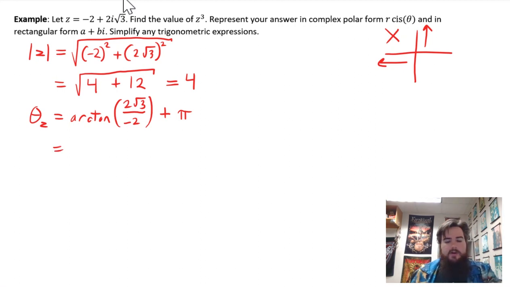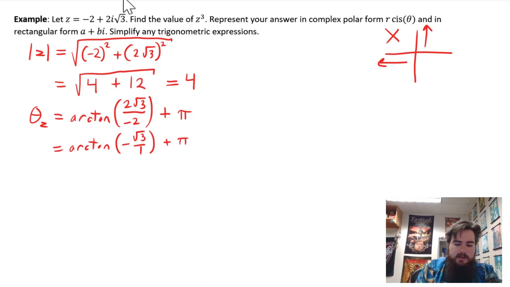If I do evaluate arctangent of negative square root of 3 over 1, that would give me sine over cosine, that would give me negative pi over 3. And then if I add pi to that, we get the argument of 2 pi over 3.